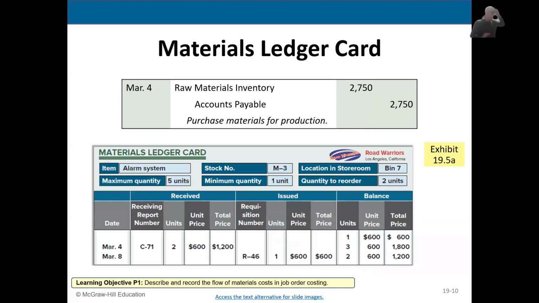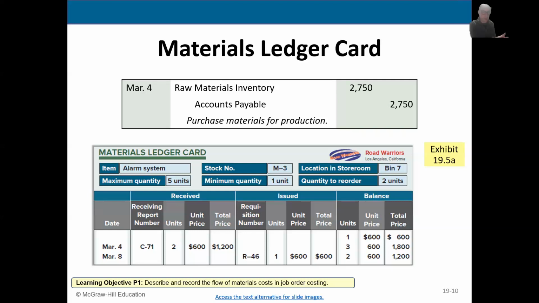When the company decides to purchase some raw materials from their vendor, they complete the purchase order and send it to the vendor. The vendor then sends the company the raw materials with the packing slip.